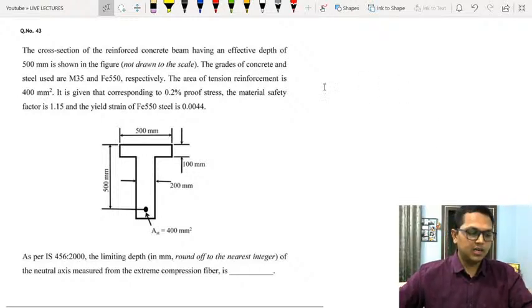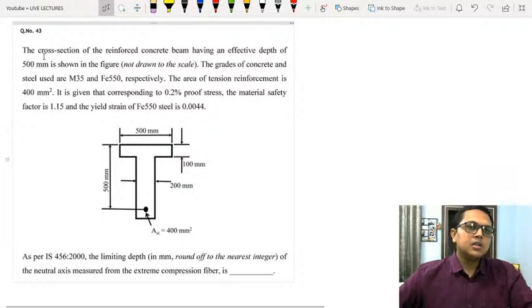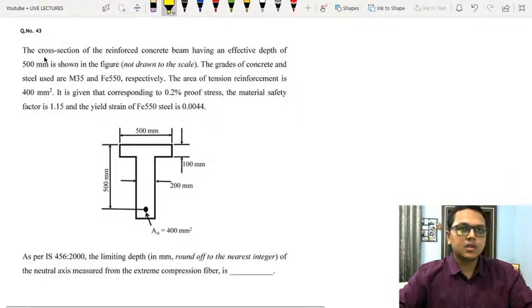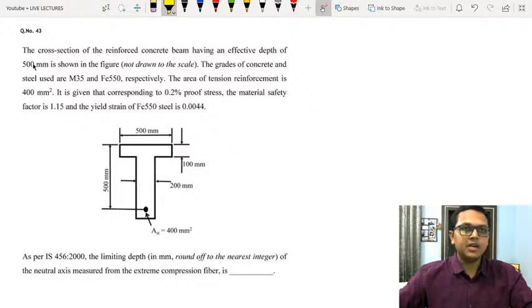So, okay, let's read the question. What does the question say? The cross section of the reinforced concrete beam having an effective depth of 500 mm is shown in the figure. In the figure, the cross section of that beam is shown having an effective depth of 500 mm.